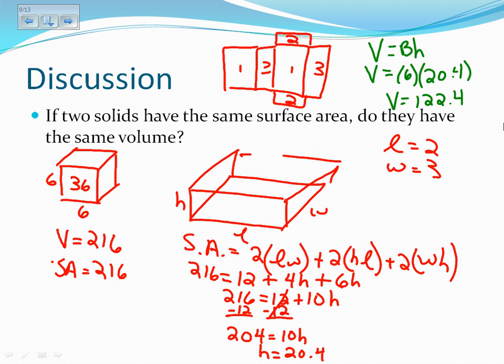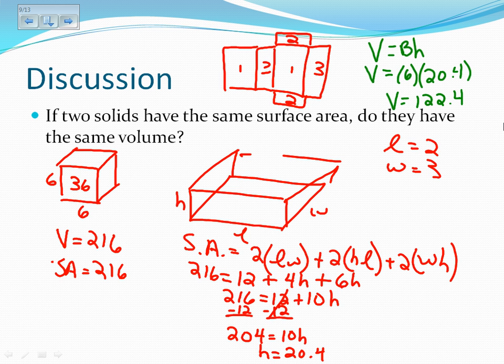The cool thing about this problem, guys, when you get to calculus, you'll do problems like this. They're called optimization. They're how can we optimize the amount of volume, in this case, per the amount of material we use, right? So a perfect example is packaging. You want to put as much cereal into a box without using as much cardboard, right?